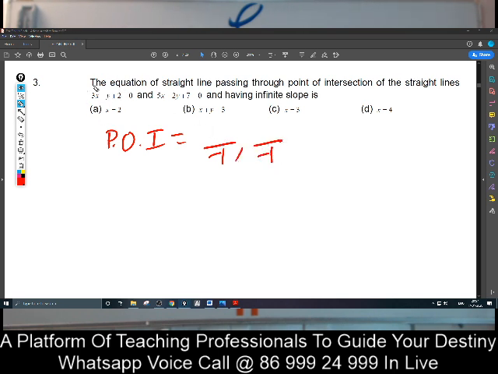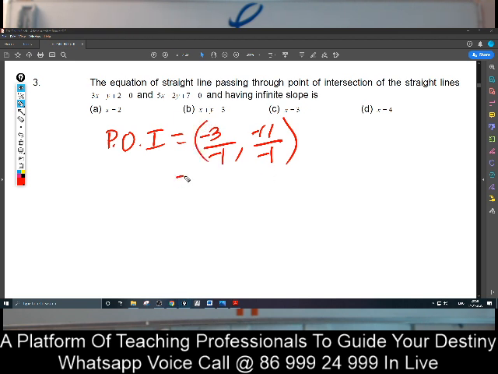Numerator of x, close x and cross multiply: minus 7 plus 4, minus 3. Then close y and cross multiply, not from the left side but from the right side: 2 into 5, 10, 10 minus 21, minus 11.